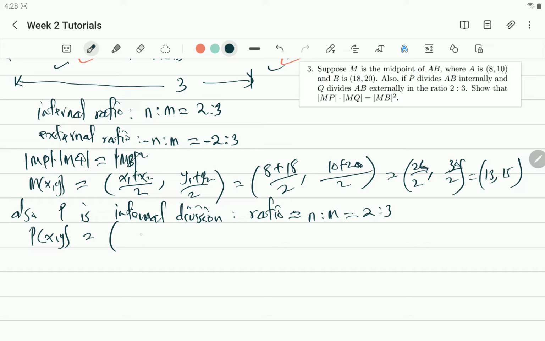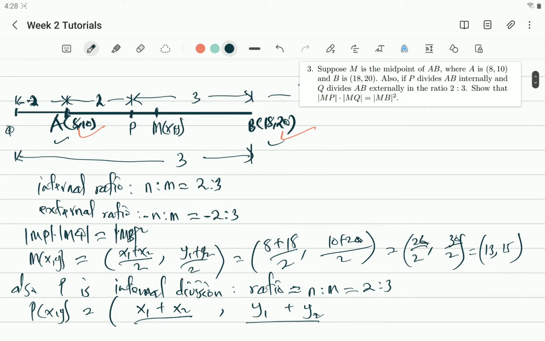Remember I said the formula is always similar to the midpoint formula, which considers both the x1 and x2, y1 and y2. Just that whilst we divide by 2 in the midpoint formula, here we divide based on the ratio given, because normally in the midpoint formula the assumption is the ratio is 1 is to 1.